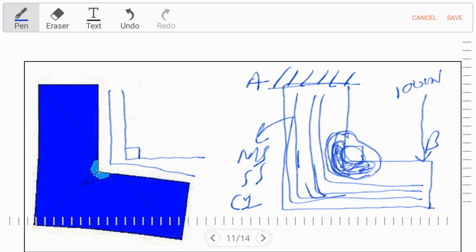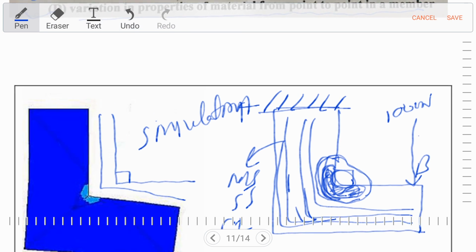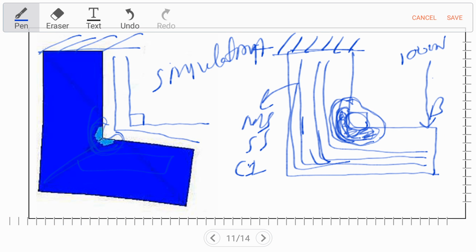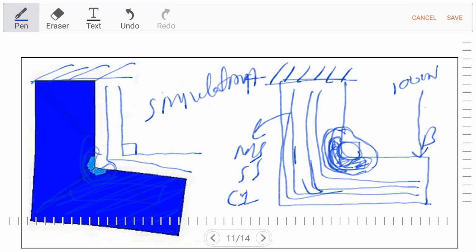If you are using any simulation software like ANSYS or SolidWorks, then we can directly see the stress concentration at this portion, because there is an abrupt change in section. There is also material change, as we can explain in our later videos.